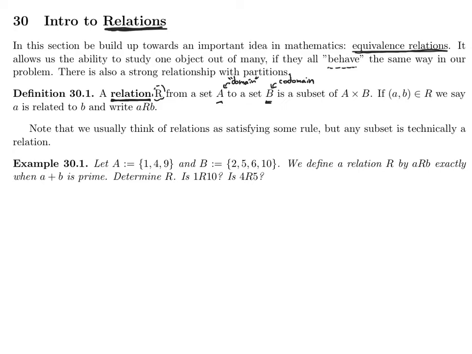And so what is it? Well, in the simplest terms, it's a subset of the direct product of A and B. So it's just some of the elements of this direct product.